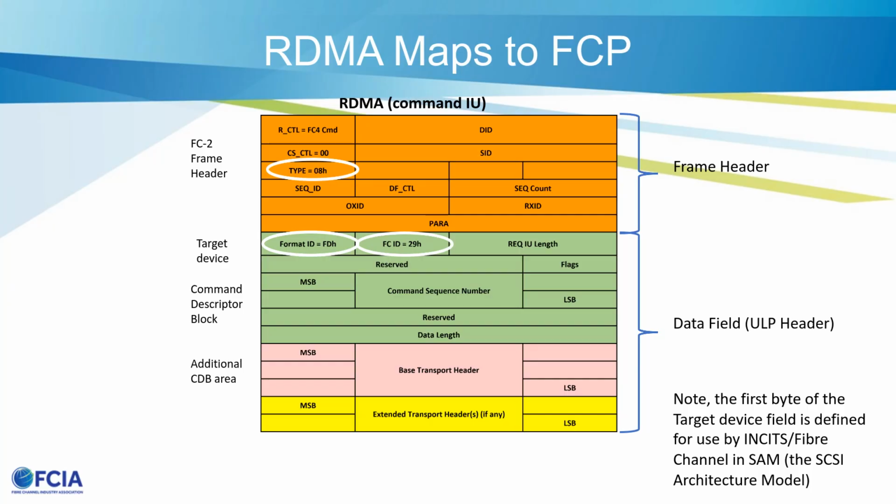The only difference here is that the FC ID is 29, indicating that this is an RDMA frame. The rest of the header is RDMA unique. It has the command sequence number there, data length there, and there's also a base transport header that is included in this space. Below the ULP header is the data itself.